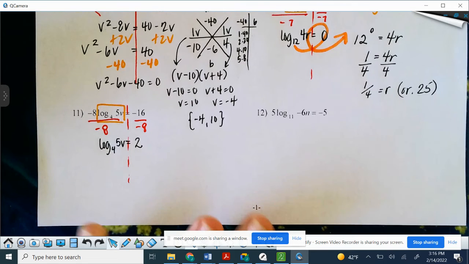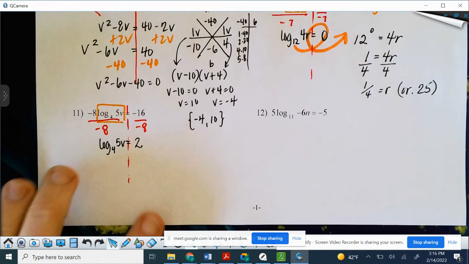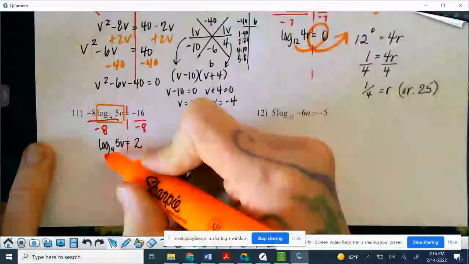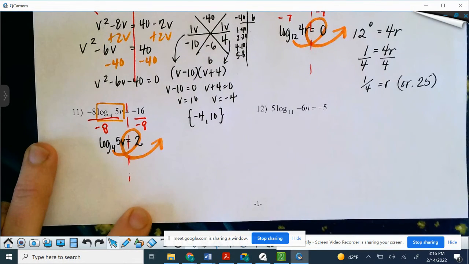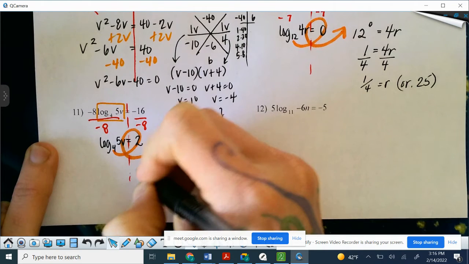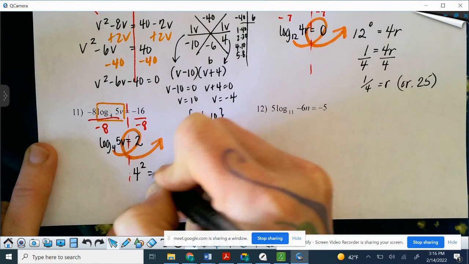Again, your v is on the side with the log, so that means we have to convert it, because we can't just type it in our calculator and keep going. So we take our base, raise it to our exponent, and come out with our output to put it in exponential form. So 4 squared equals 5v.